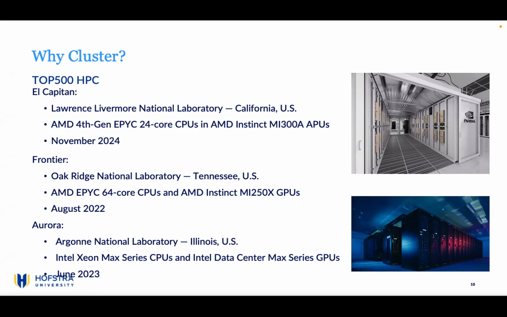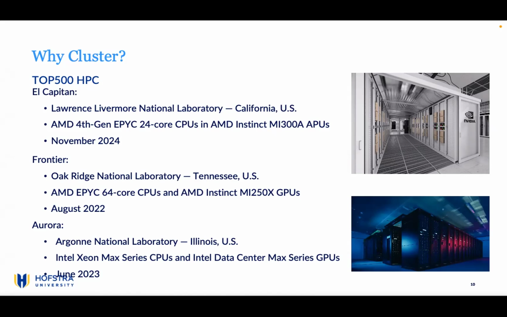We can see that all of them use regular CPUs like AMD EPYC 24 cores, AMD EPYC 64 cores, Intel Xeon, and these supercomputers are the most powerful computers in the world. The question is how they can use regular CPUs and have such powerful computational resources.